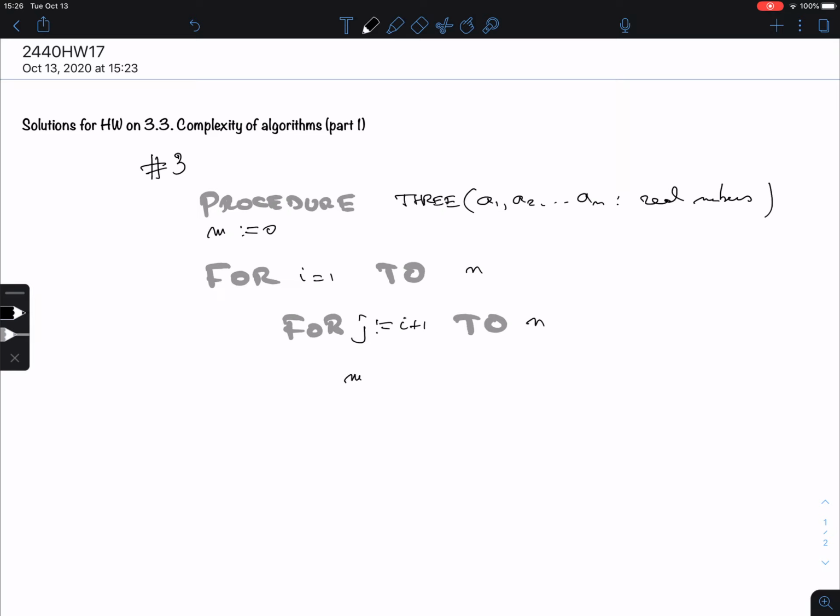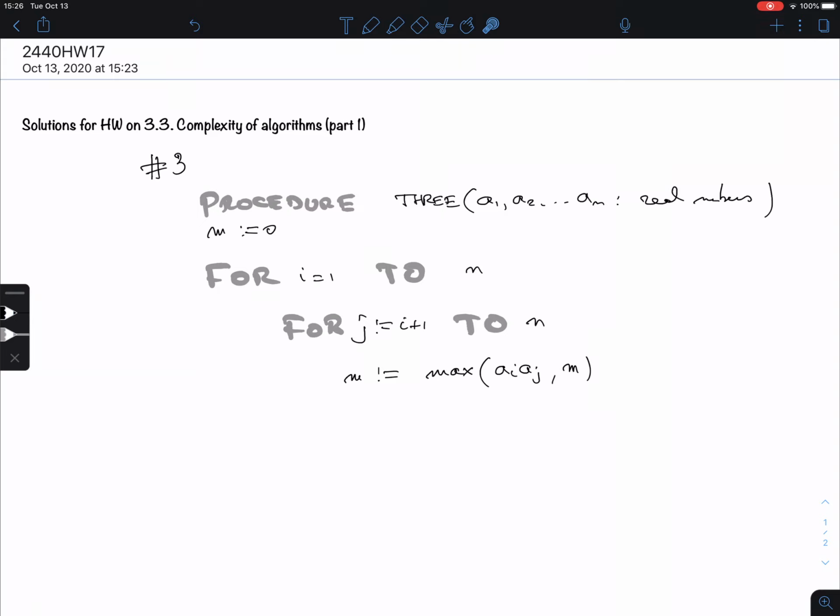And then in there we calculate the maximum of the product a_i a_j and m. We have seen this many times, right? So we can have m here and m here.